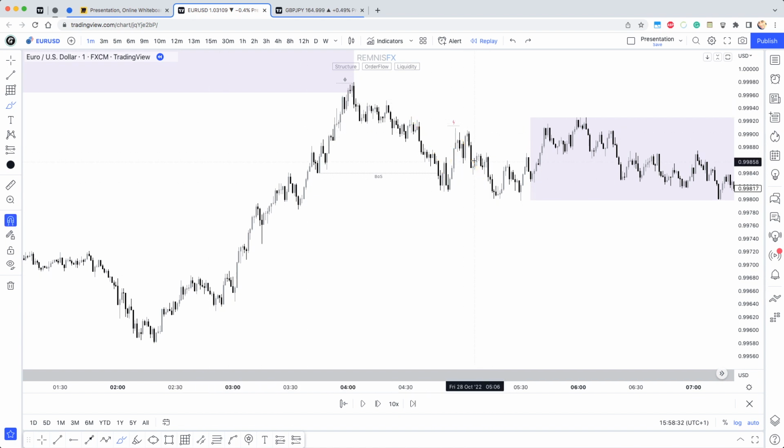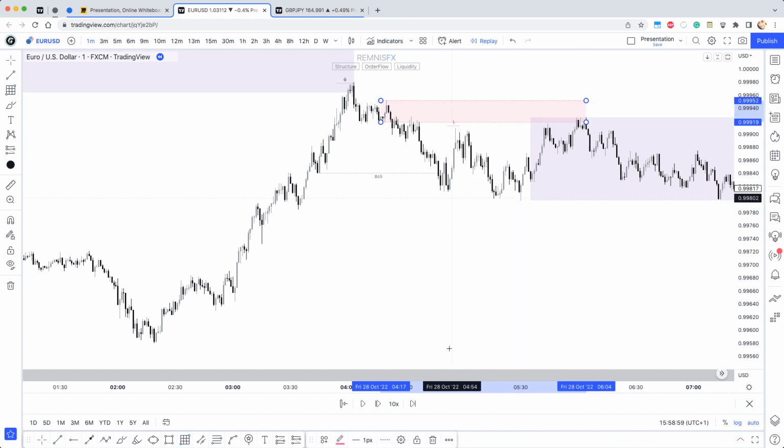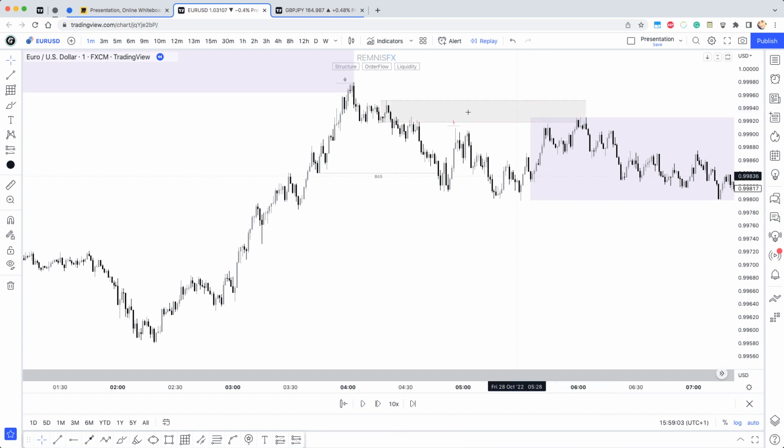But if you look at this, you could have also identified, and that's why it's important to train your eyes, right? Okay, so you could have probably identified this area here as your minor order flow. Okay, now this time let's make it gray.